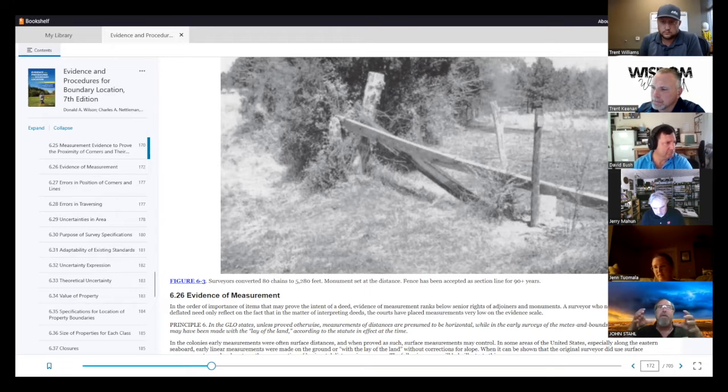He set up on a first order class one control point for this Corps of Engineers dam project, backsighted, and set up his GPS base station on it, and hit the here button. Of course, he's on a published state plane coordinate system that he's supposed to be on, but he did the here button, so he's someplace within 100 feet.